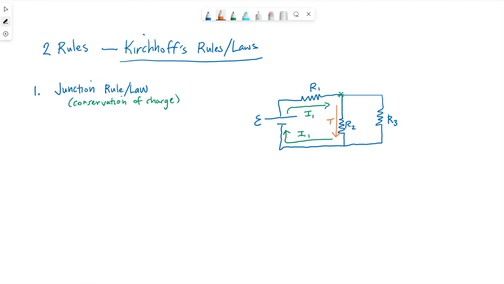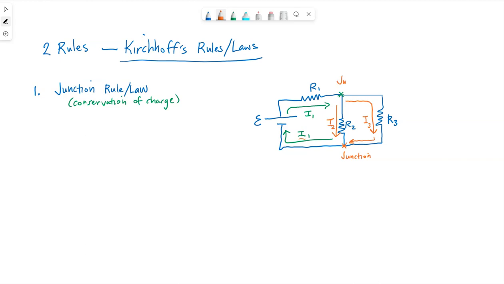Some of that current will travel down through resistor 2, but some of that current will travel down through resistor 3. But both current 2 and 3 reach back to this junction and combine back together to become I1.